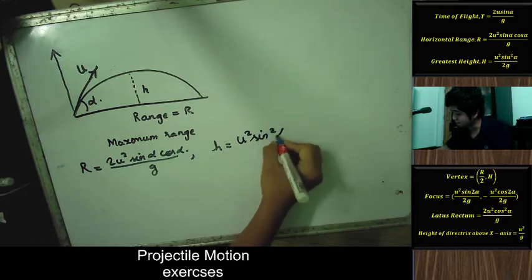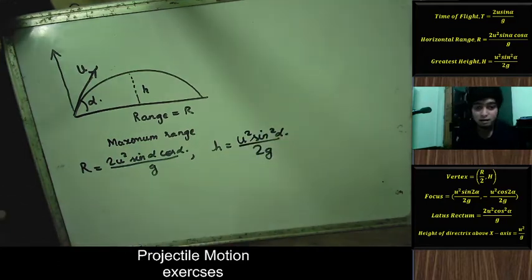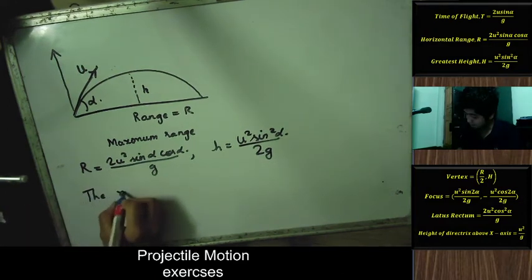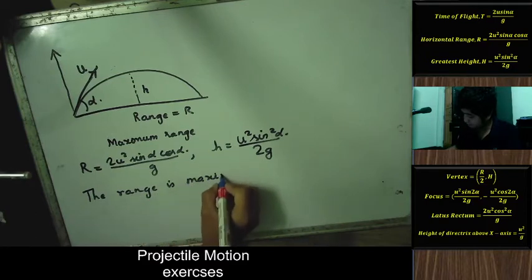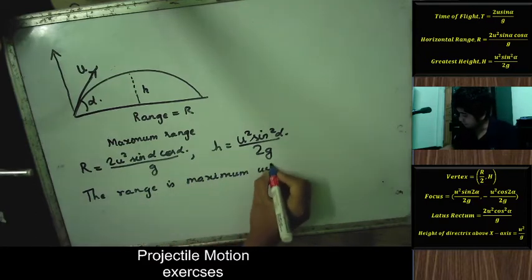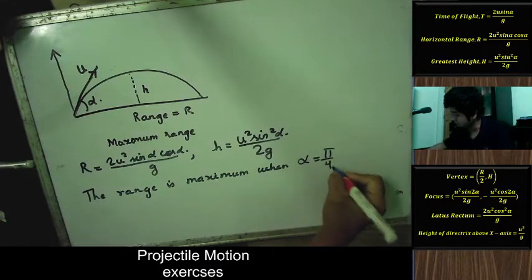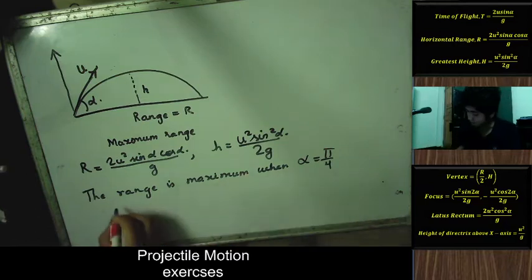It is u squared sine squared alpha upon 2g. The range is maximum when alpha is equal to pi over 4. When the angle is 45 degrees, then the range is maximum.